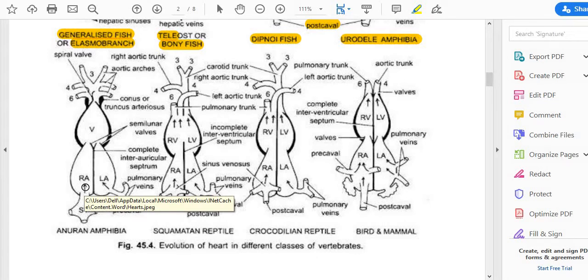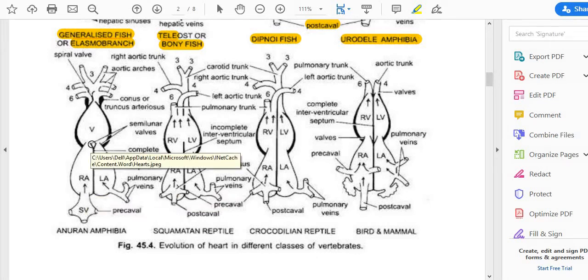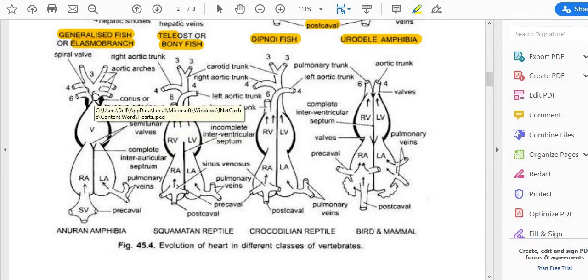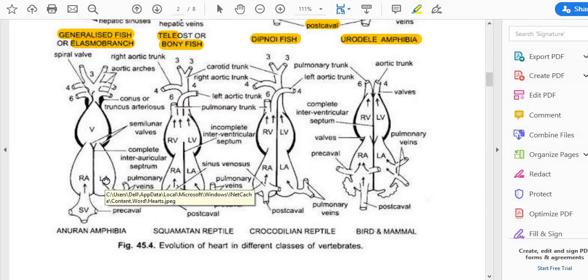From the right auricle, the deoxygenated blood gets into the ventricle. From the ventricle, it goes inside the truncus arteriosus and then to the aortic arches. These aortic arches take the blood to the lungs for further purification. The deoxygenated blood gets converted into oxygenated blood, and the blood from the lungs is again taken back into the auricle, but this time into the left auricle, because the left auricle receives oxygenated blood.